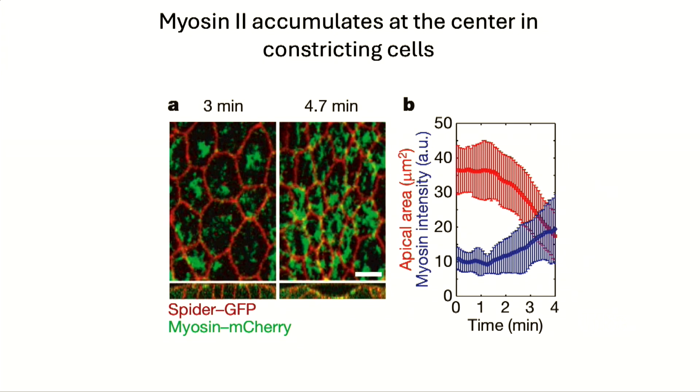So there is an increase in myosin in the center of these cells. As the constriction proceeds, the apical area is reducing, and myosin intensity is increasing. So there is a correlation between the amount of myosin as these two activities take place. There is also a correlation between the increase in myosin and the decrease in area, right?